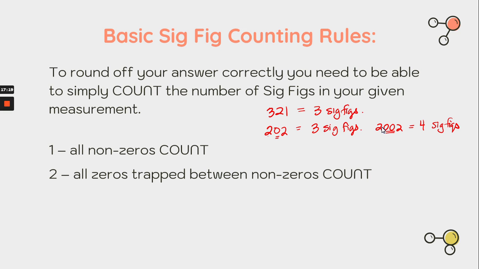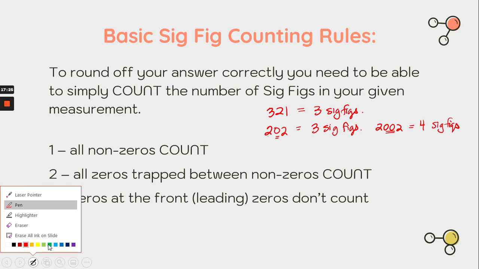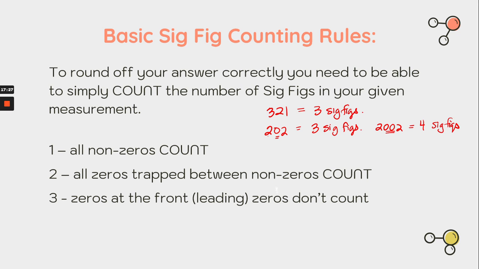That's rule number 2. Rule number 3, zeros that are in the front of a number, we call those leading zeros. They don't count. They're placeholders. So that would be a number like 0.0097. These guys right here, these are leading zeros. They're keeping me from having to use a fraction.